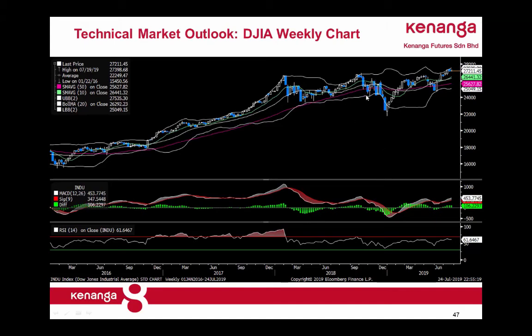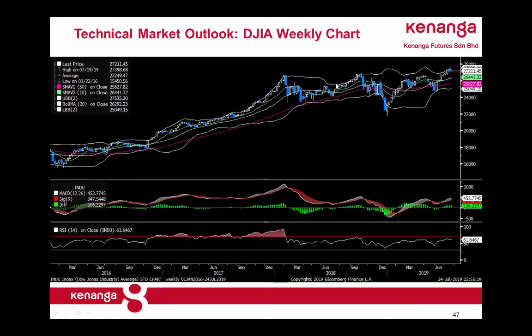What happens is that if from here the market starts to come down and the MACD starts to cross down and go below the zero level, then we might experience a bigger correction, just like the one that happened previously from the beginning of December last year till the last quarter.